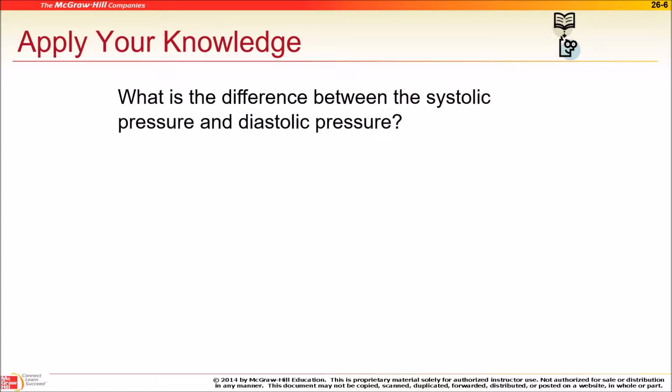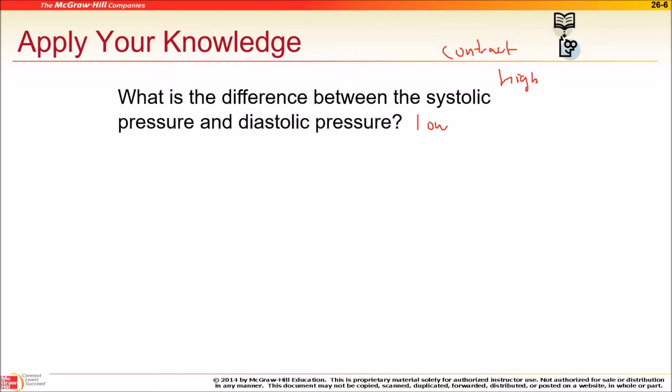What's the difference between systolic and diastolic? Which one's higher? Systolic. So this one's high. This one's low. Which one is contracted? When the ventricles contract. Yeah, so this is contract.